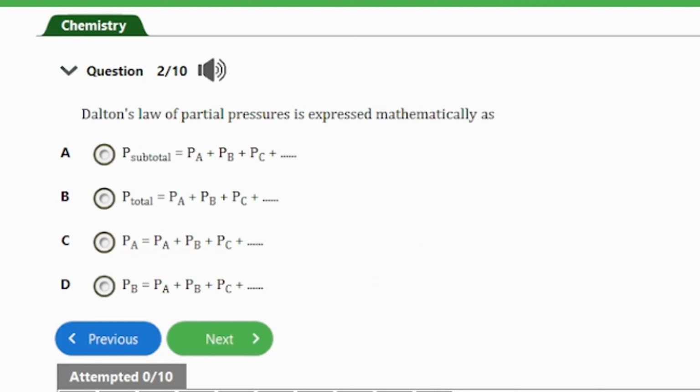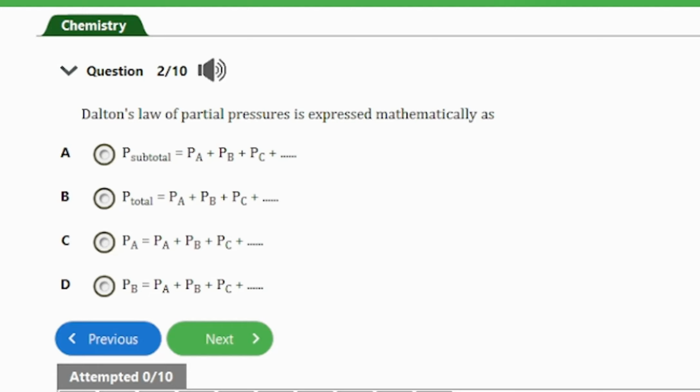That's question number 2. Here the question says, Dalton's law of partial pressure is expressed mathematically as: option A says P total is equal to P of A plus P of B plus P of C, and so on.